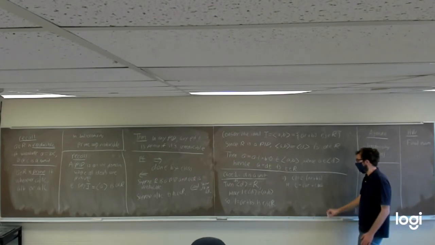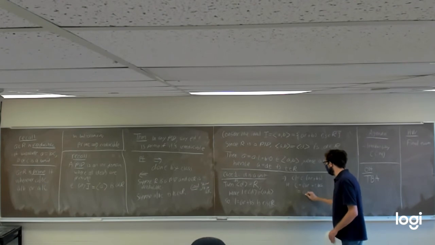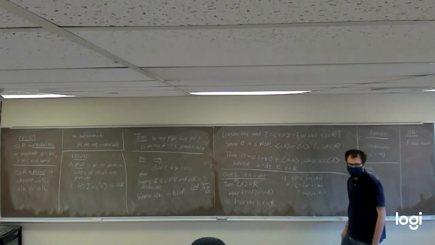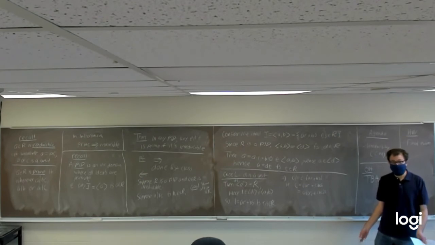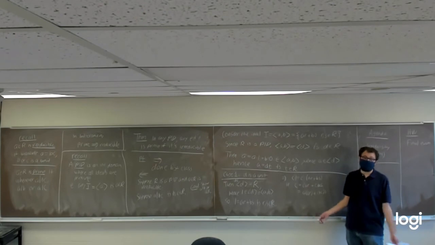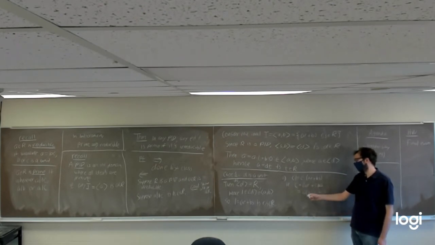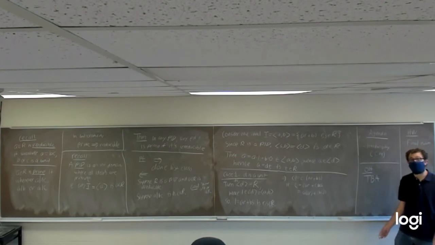Or if you prefer, it's equal to A times CR plus BC times S, where I'm using the fact that we're working in an integral domain, so multiplication is commutative. And since we're working in any ring, multiplication is associative, so we can rewrite CAR as A times CR, and we can rewrite this as BC times S. And I'm choosing to write it this way for a very specific reason.